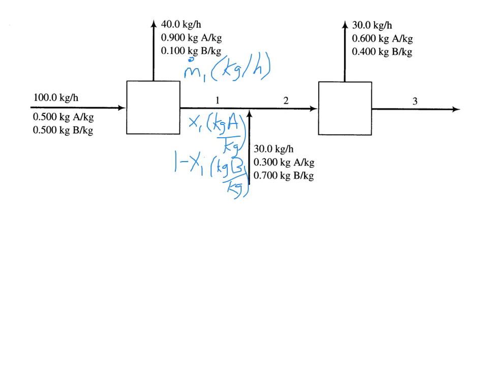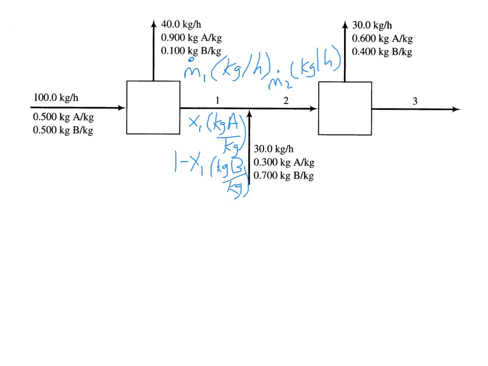So rather than writing out a separate variable for the mass fraction of B in stream 1, I've just written it as 1 minus X1 because I know they both add up to 1, and that saves us a little effort on trying to solve for some of the variables that we will have on this problem. So the second part is M2, and this is kilograms per hour.